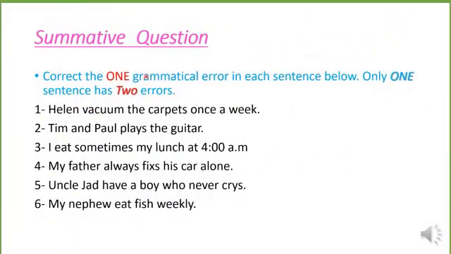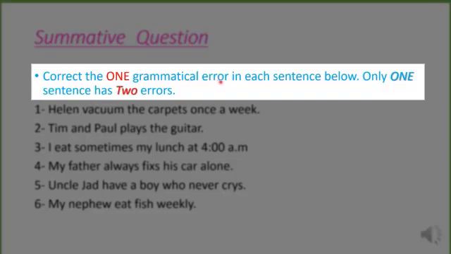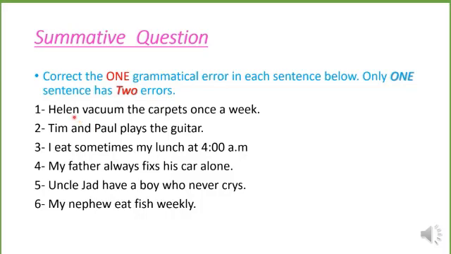Summative question. Correct the one grammatical error in each sentence below. Only one sentence has two errors. Ellen vacuumed the carpets once a week. Ellen is the singular subject, which should take what? A singular verb. And as you know, the singular verb should take S at the end of it, okay?